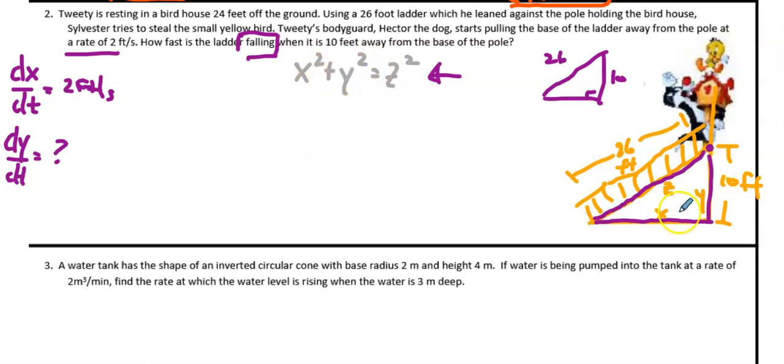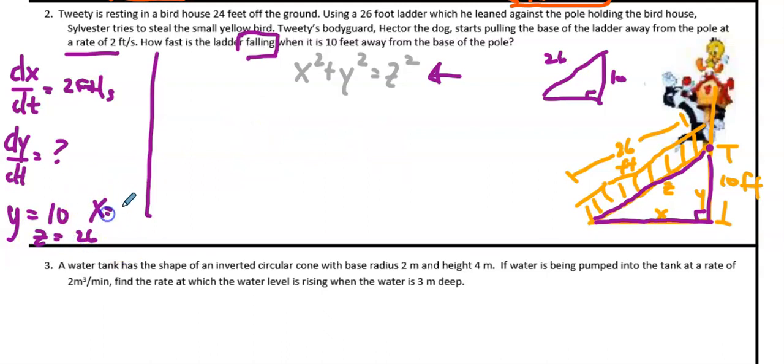It's Pythagorean theorem because we're making the assumption on all of these related rate questions that it's perpendicular to the ground. So let's do this. Right now, it says when it's 10 feet from the pole, so that means that Y is 10. And we also know that Z is going to be equal to the length of the ladder, which is going to be 26.